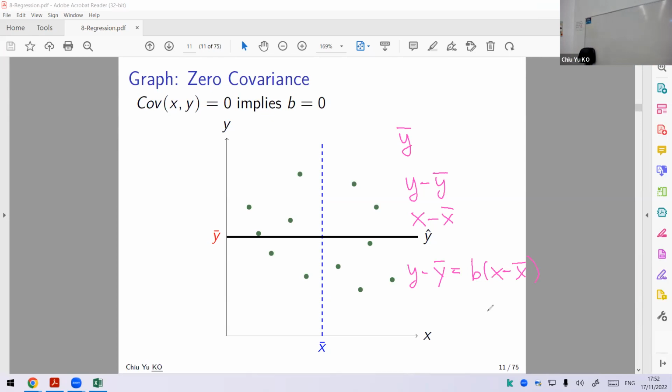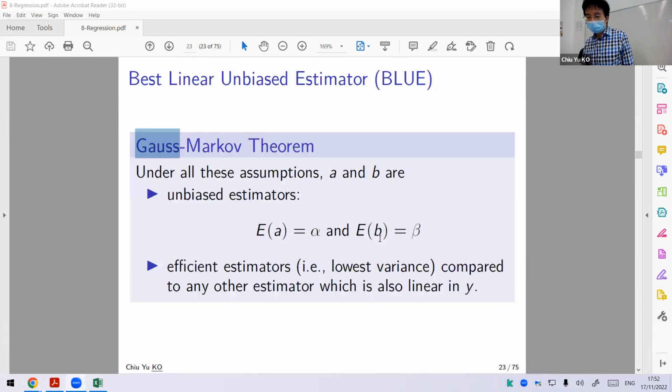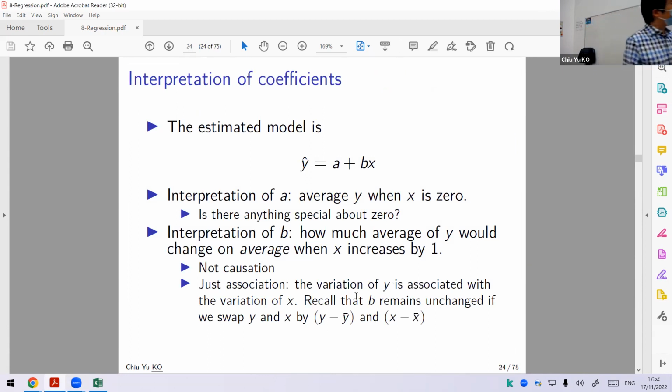Because that is the line you draw. So the main idea here, just for simplicity, is that you're talking about how variation of Y is associated with X. Because if all the X have no variance, if all the X has just 1 point, your model will be useless.